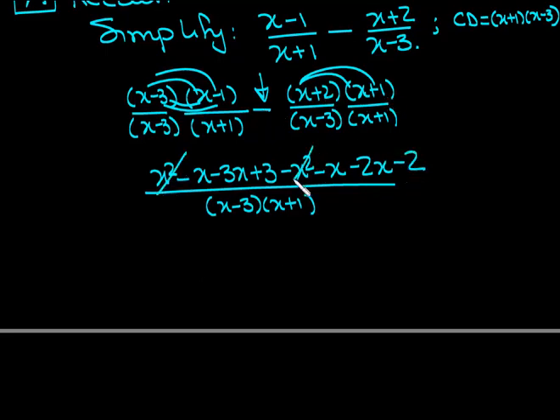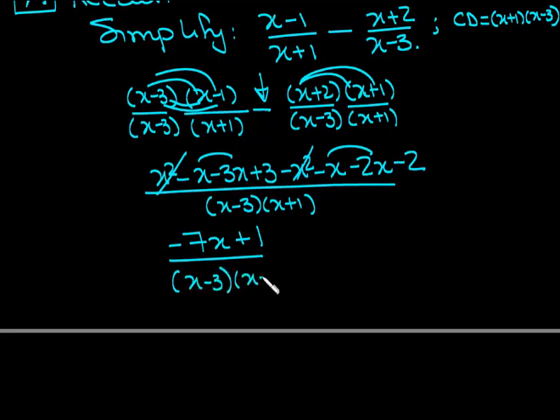So the x squared terms cancel, and I can collect the x's. I have minus x minus 3x is minus 4x, minus 5x, 6x, 7x. So you get negative 7x, and then 3 minus 2 is 1 over this.